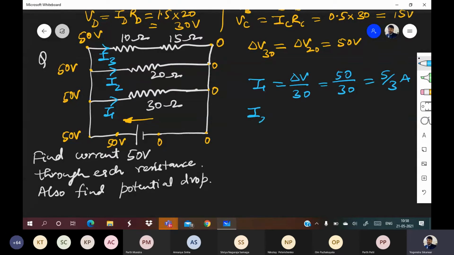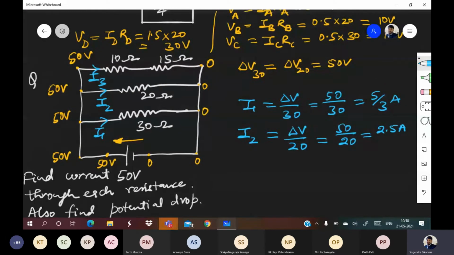Similarly, I2 will be delta V upon 20. Delta V is how much? 50 upon 20, so that will be 2.5 ampere.